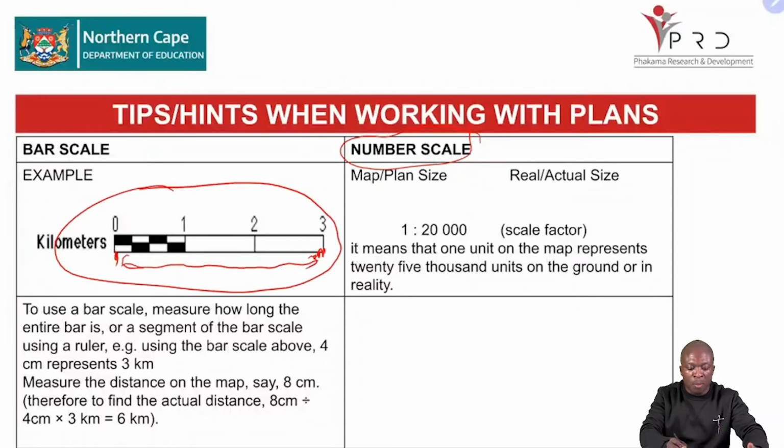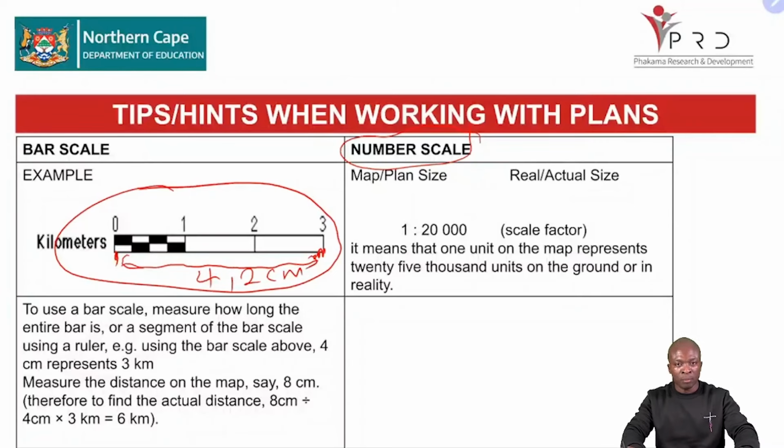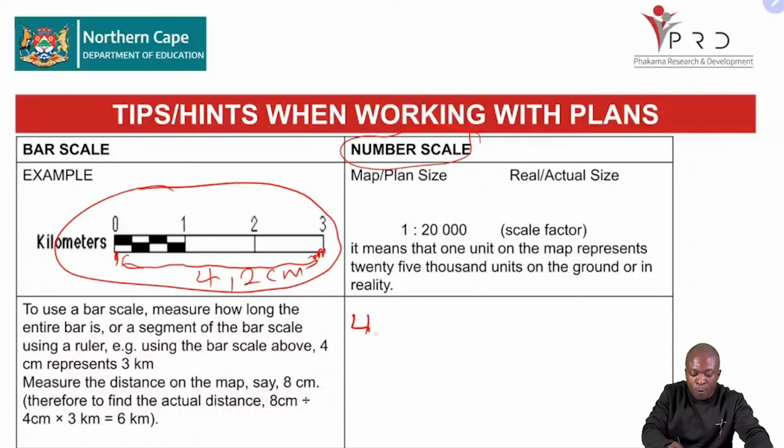Can we put an example? Let's say it is 4.2 centimeters. How do you use it? So your first step is to write that value which you have measured into some form of number scale. So it will be 4.2 centimeters. Then you put 2 dots, which you call the colon.